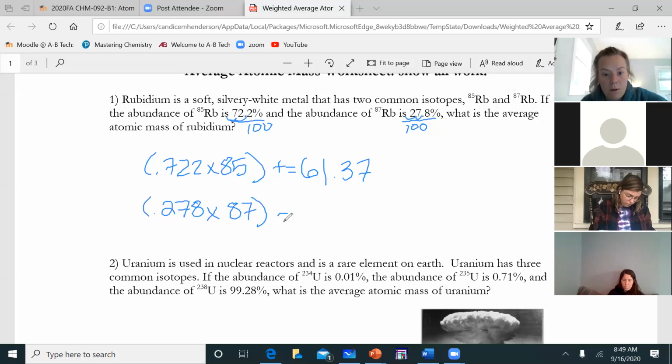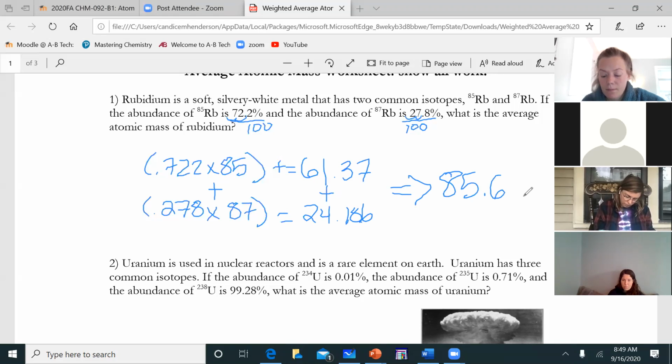We're going to add these two, right? 24.186. All right, so my total is 85.3 sig figs there. I'm going to go with 85.6. And the units on this are AMU.